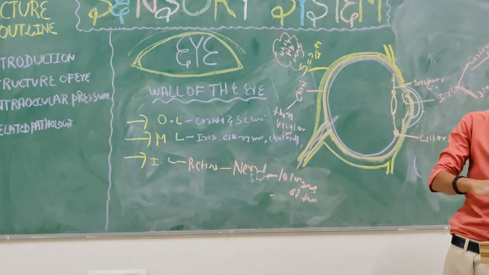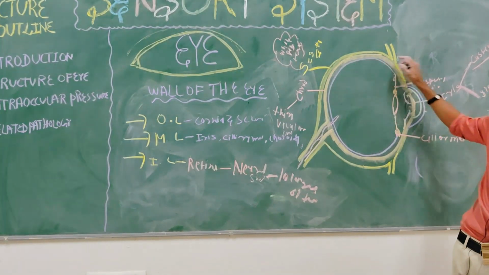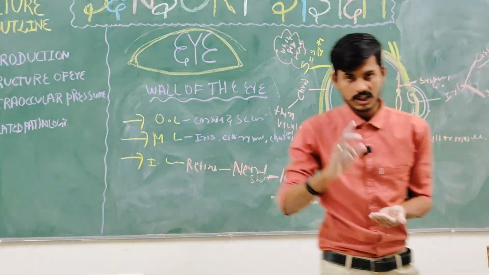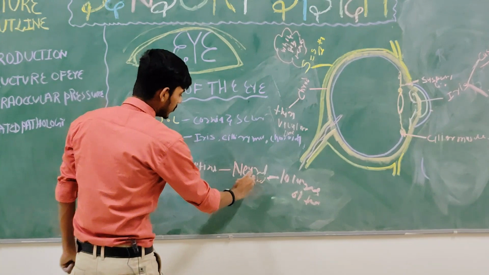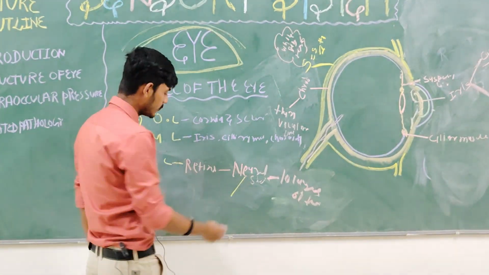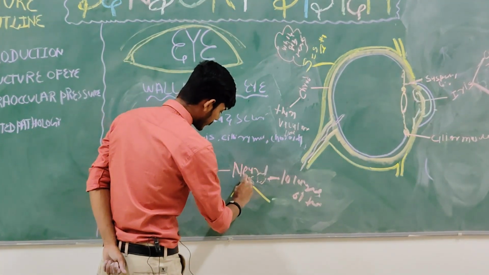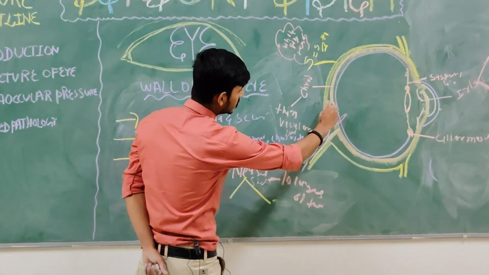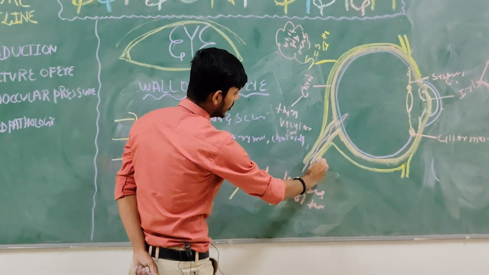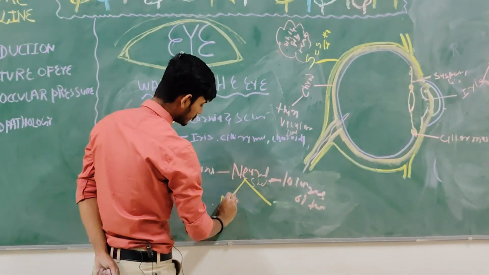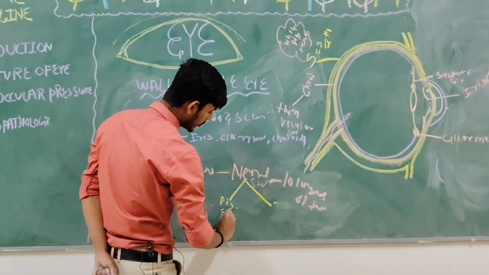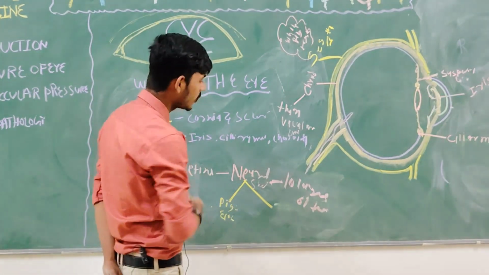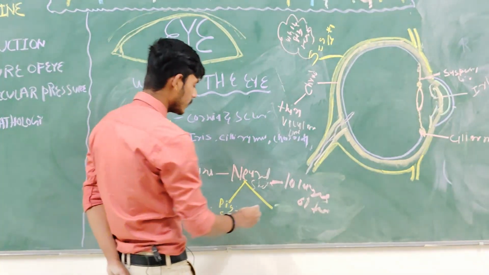In all these retinal layers, we have to remember two layers more specifically. The first layer is the pigmented epithelium, and the second layer of the retina is the cones and rod layer.